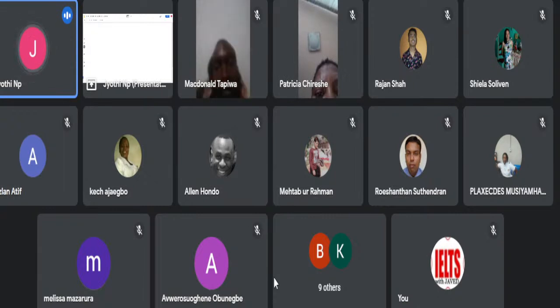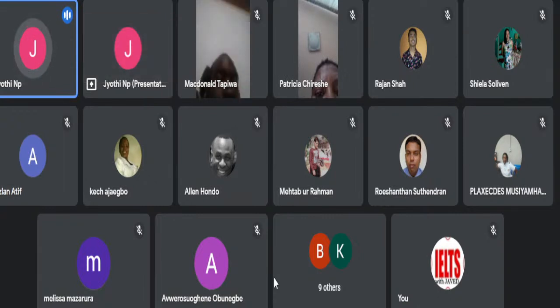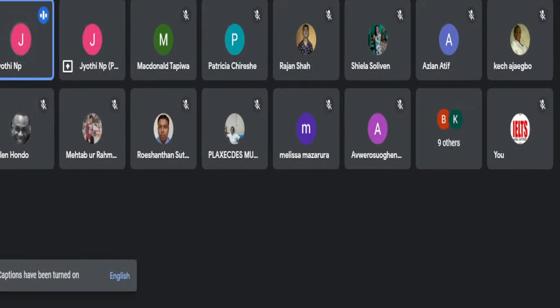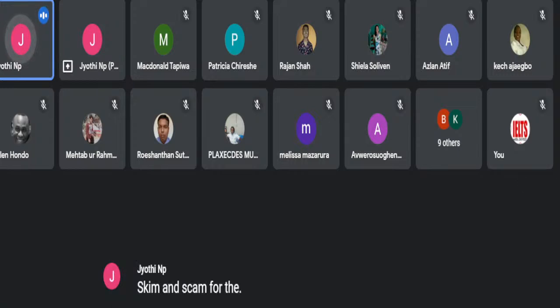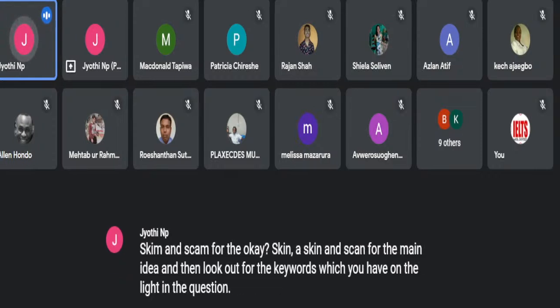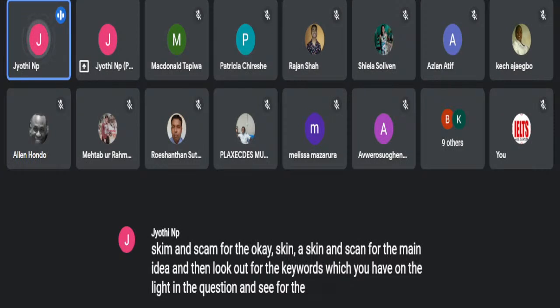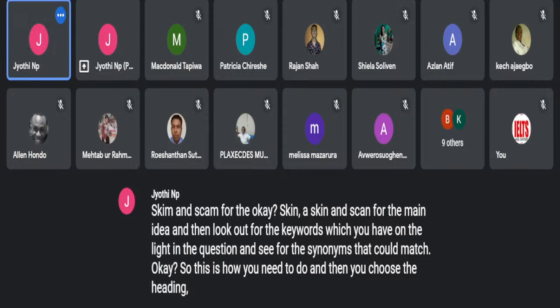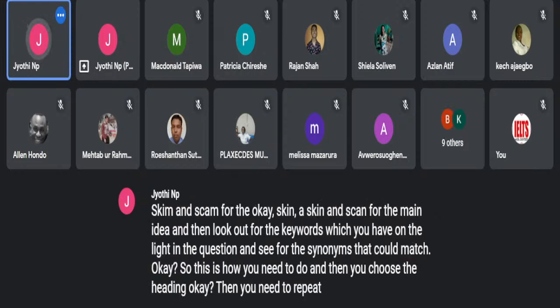So first again, read the first paragraph, skim and scan for the main idea, and then look out for the keywords which you have underlined in the question, and see for the synonyms that could match. This is how you need to do, and then you choose the heading. Then you need to repeat. Now let us see.